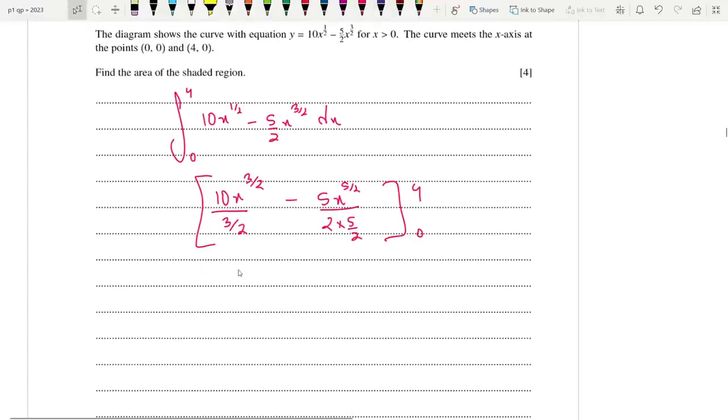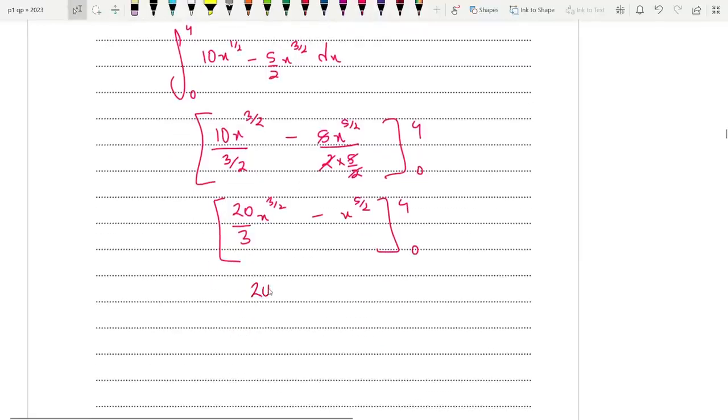It looks pretty simple till now. 20 by 3 x to the power 3 by 2 minus, we can get rid of this 5 as well, x to the power 5 by 2. So that is minus 0 plus 0. 160 by 3 minus 32.